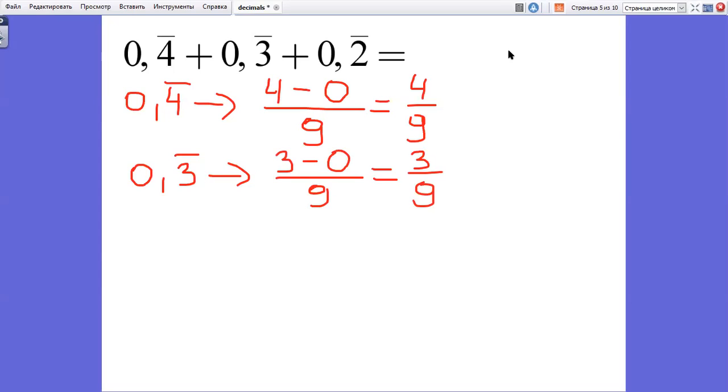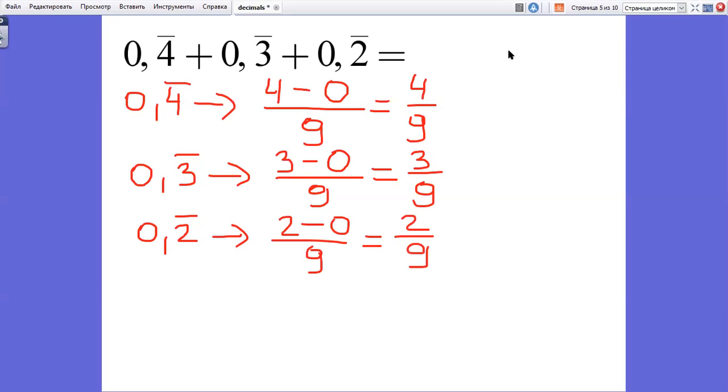Now the last repeating decimal is 0 point repeating 2. The repeating digit is 2, and when you convert you will have 2 minus 0 over 9, and this is going to be 2 over 9.